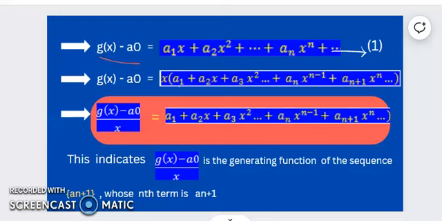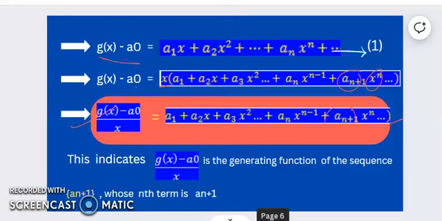Now we take x common on the right hand side: x times (a1 plus a2x plus a3x square plus and so on plus a_n x power n minus 1 plus a(n+1) x power n plus and so on). Here the coefficient of x power n is a(n+1). That's why (g of x minus a0) by x, taking x to the other side, equals a1 plus a2x plus a3x square plus and so on plus a(n+1) x power n plus and so on, which is the generating function whose nth term is a(n+1).